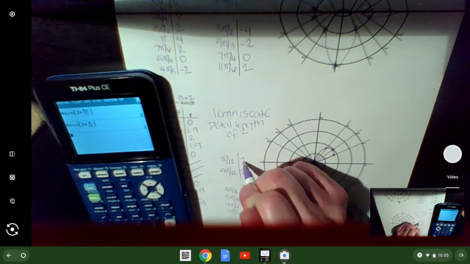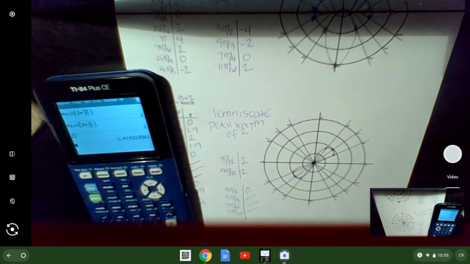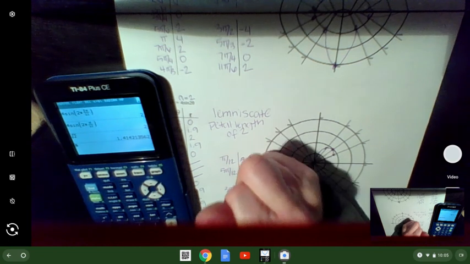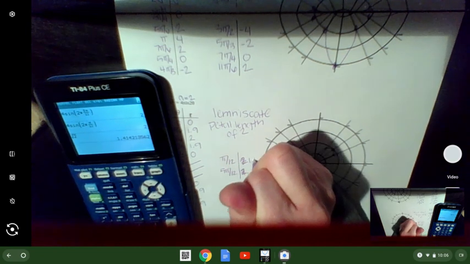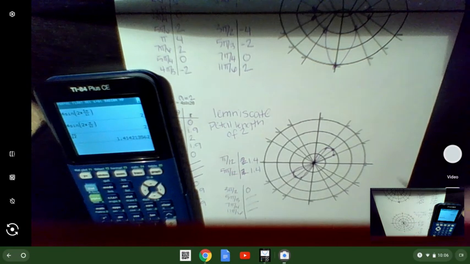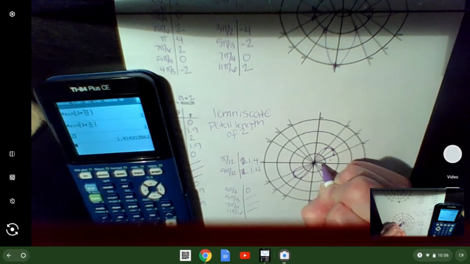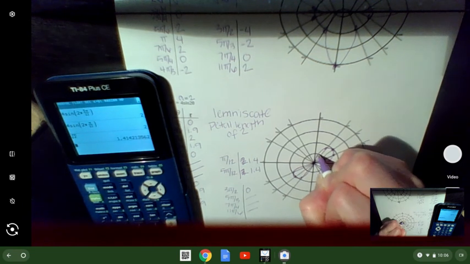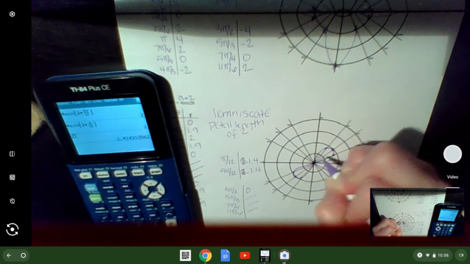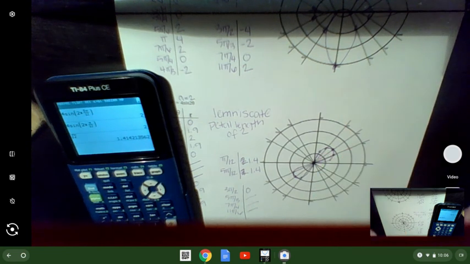Gosh, I didn't square root those. Those are my r squareds. So let's square root a 2, and we should actually, see, Mrs. P messes up, we should actually be at 1.4. Don't forget to square root. So 1.4 would be about here. So really, if my graph was extra accurate, I should be a little bit wider. I think I was pretty good about the 1.4 at 75 degrees out here.